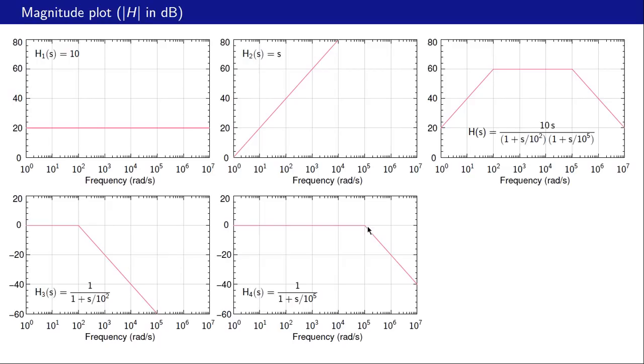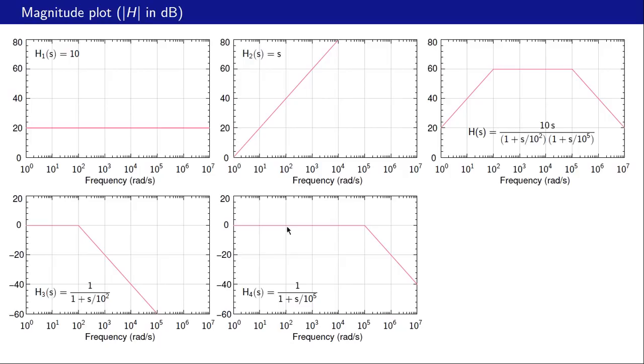Alright, so now in this range, let us find what the net slope of our magnitude Bode plot should be. This one has a constant slope, 0 dB per decade. This is minus 20 dB per decade. This is plus 20 dB per decade. And this is 0 dB per decade.